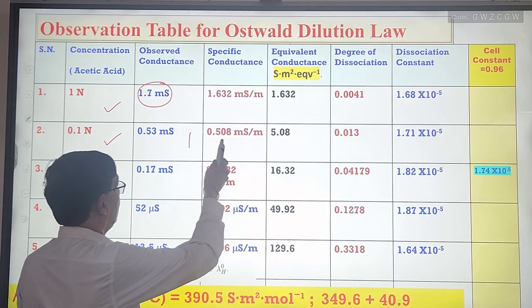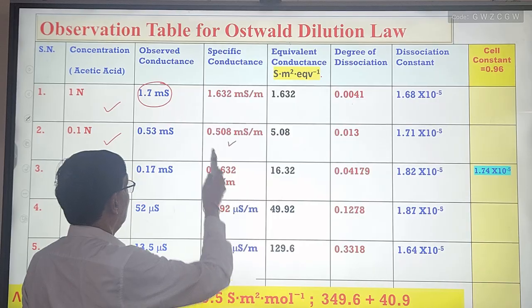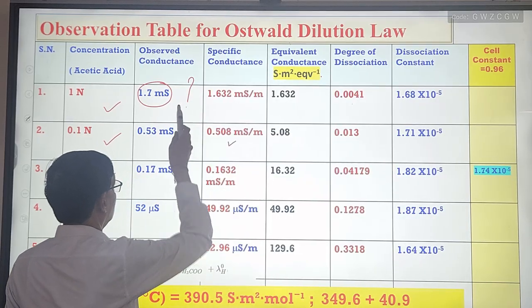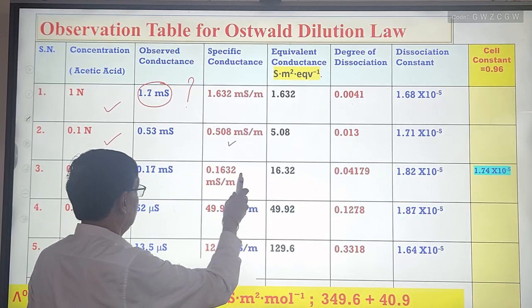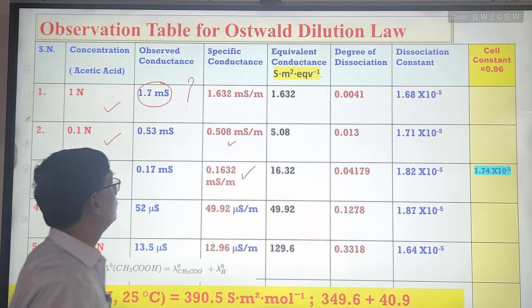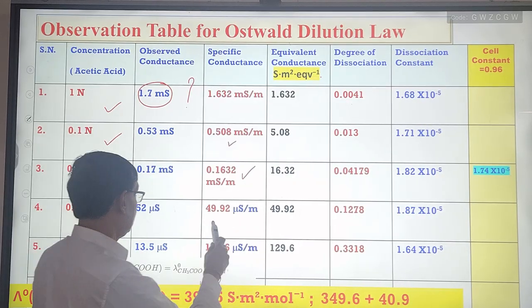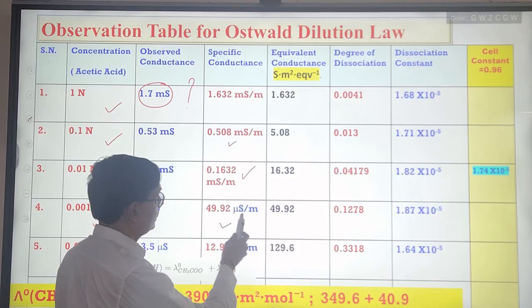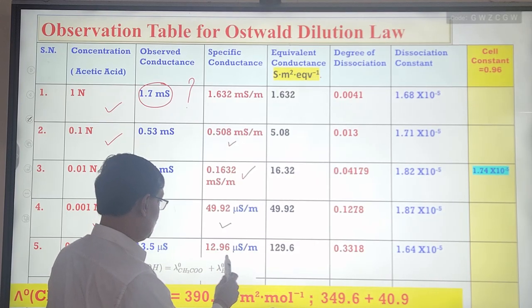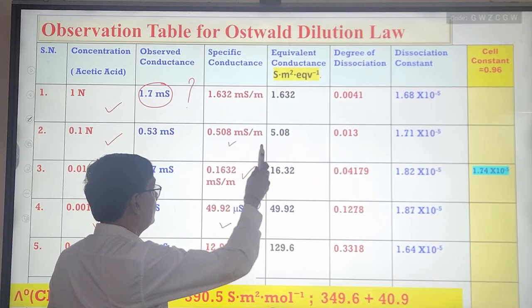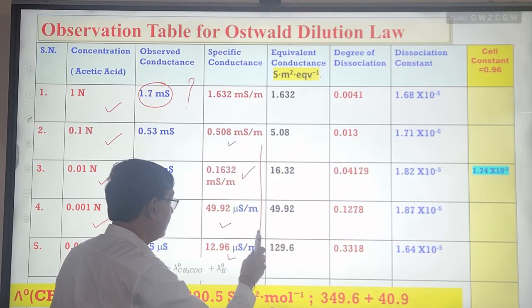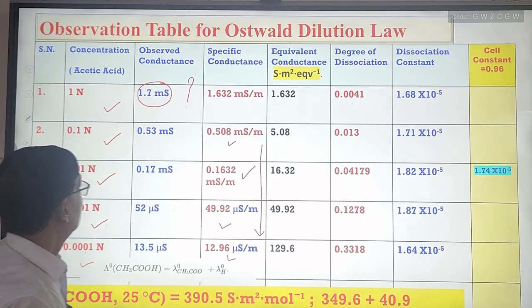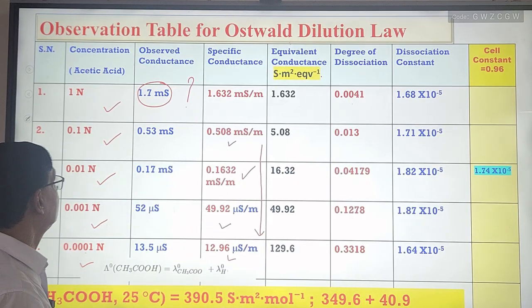So it is 0.508. I have to check this value. Then 0.1632. Then 49.92 microsiemens. This is 12.96, and again there is a decrease in the observed conductance.